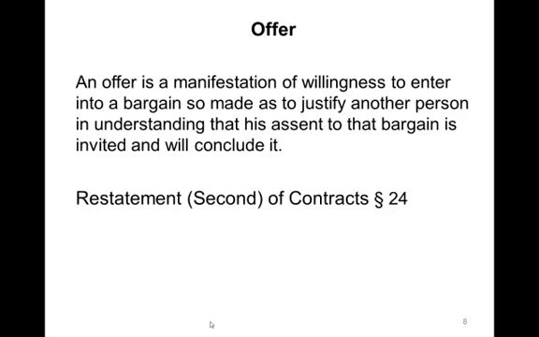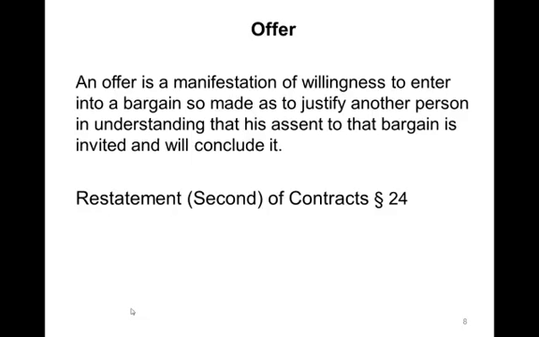So it defines an offer as a manifestation of willingness to enter into a bargain so made as to justify another person in understanding that his assent to that bargain is invited and will conclude it. When you read that, it seems like a very big, complicated paragraph.